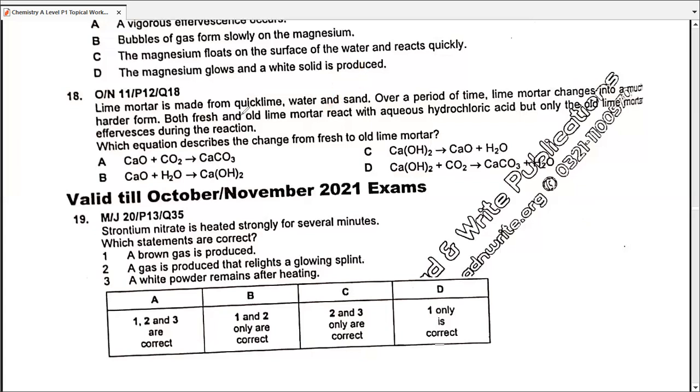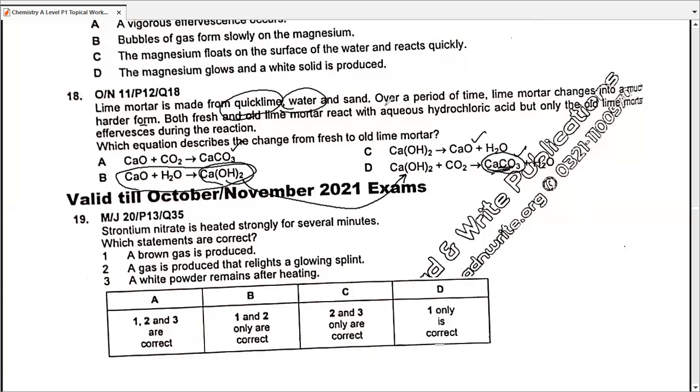They say they start with quicklime and water. This is quicklime and water forming Ca(OH)2. Now, the tricky part is that the Ca(OH)2 is written over here, right? Over a period of time, the much harder form can be CaCO3. CaCO3 is the hardest solid among the options over here. Since the Ca(OH)2, the CaO, and the CaCO3 are your options, this one is the hardest one, right?